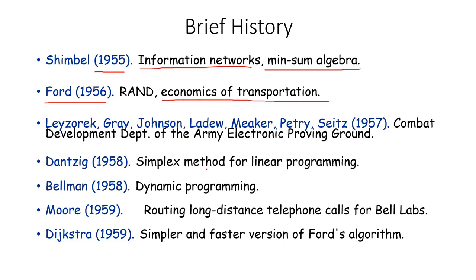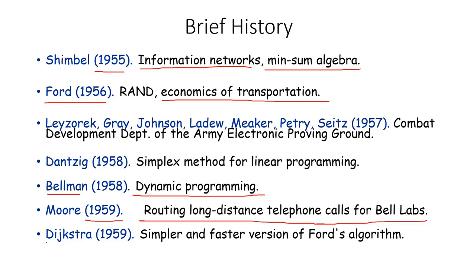But the biggest breakthrough was done by Bellman in 1958. He used dynamic programming to find the shortest path. And in 1959, Moore used some shortest path algorithms in routing long distance telephone calls for Bell Labs. So it was the starting of the connection of the phones.